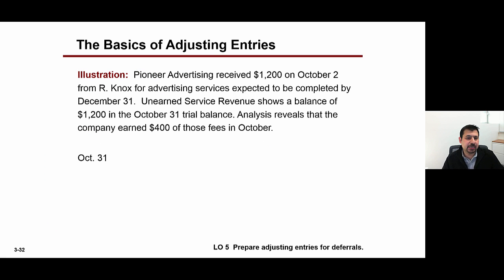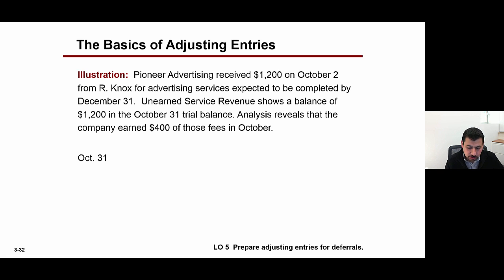So let's look at this example. Pioneer Advertising received $1,200 on October 2nd from Arnox for advertising services expected to be completed by December 31st. Unearned service revenue shows a balance of $1,200 in the October 31st trial balance. Now, analysis reveals that the company earned $400 of those fees in October.